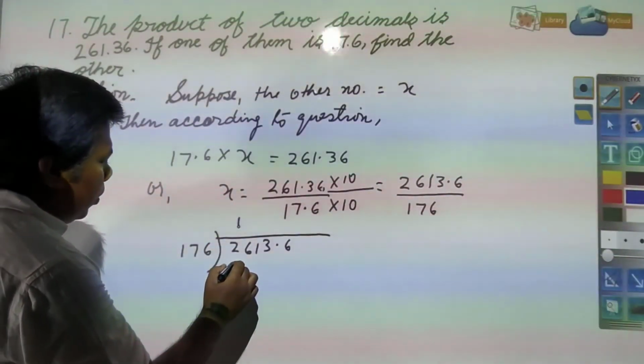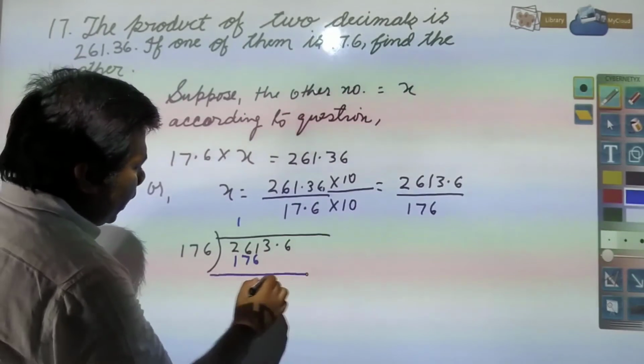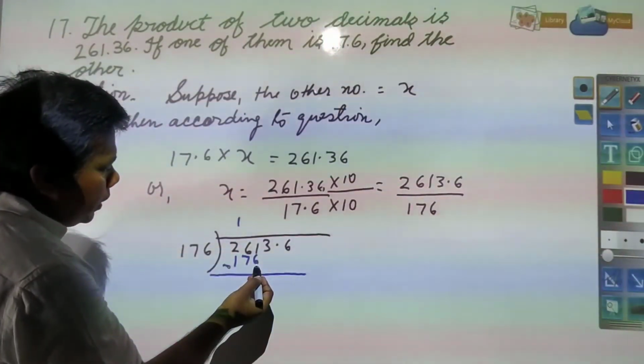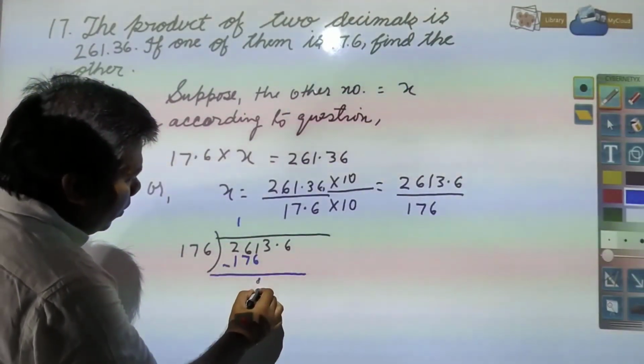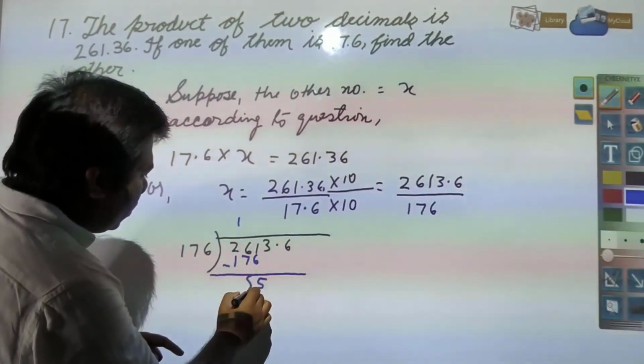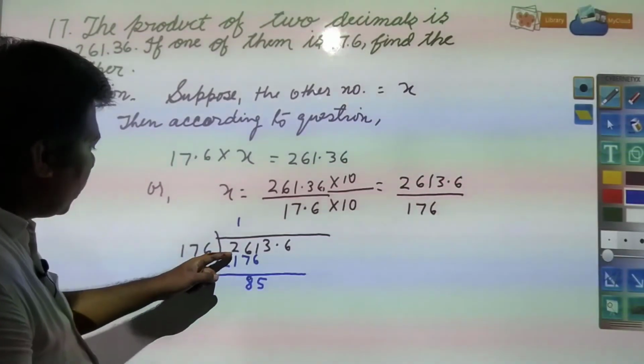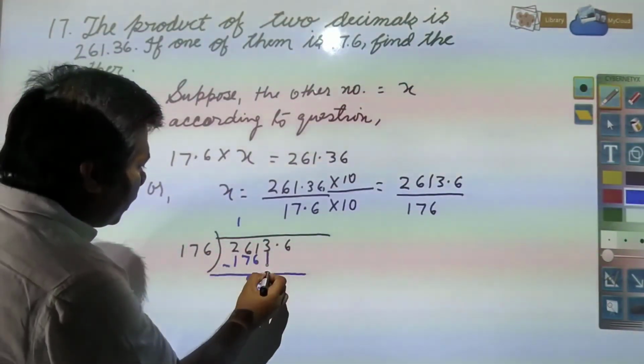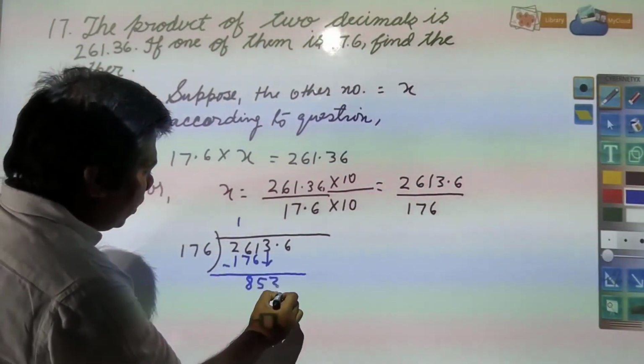One time, 176. You subtract this. 11 minus 6 will be 5, and 15 minus 7 is equal to 8, and this 1 minus 1 is equal to 0. This number is required to be taken down. You have got 3.